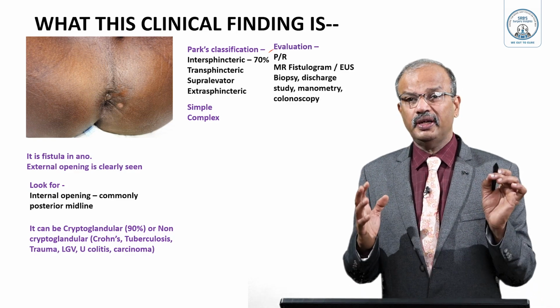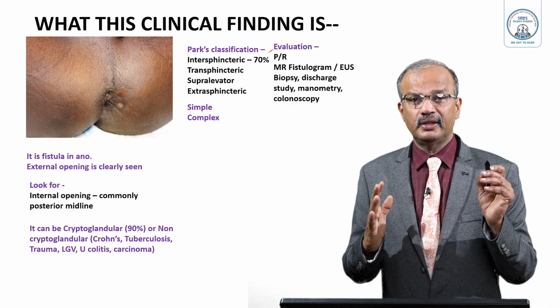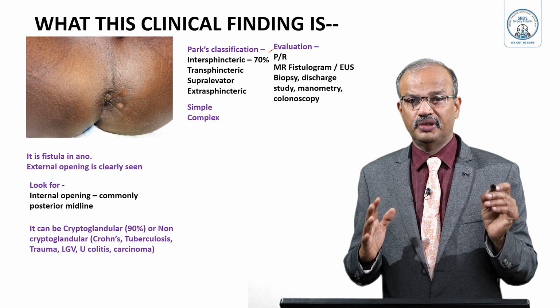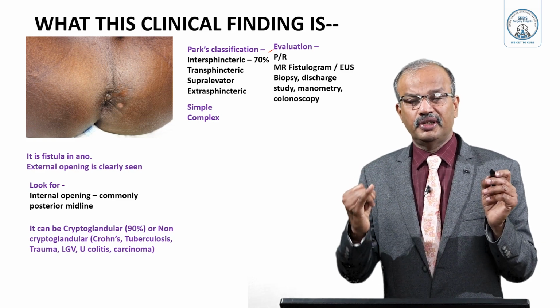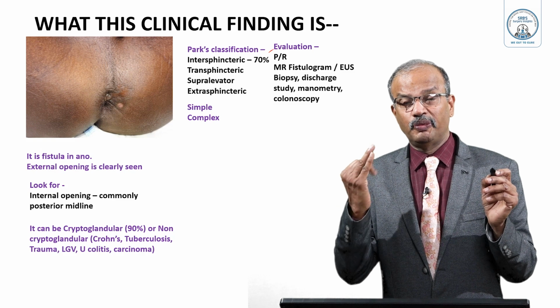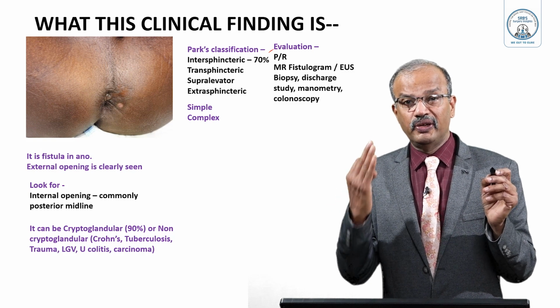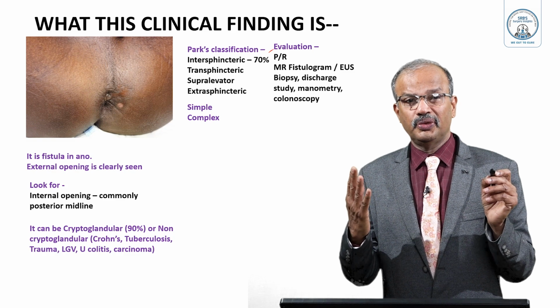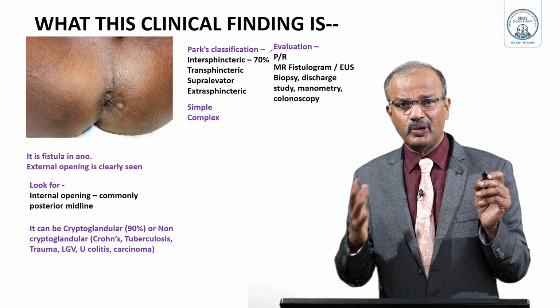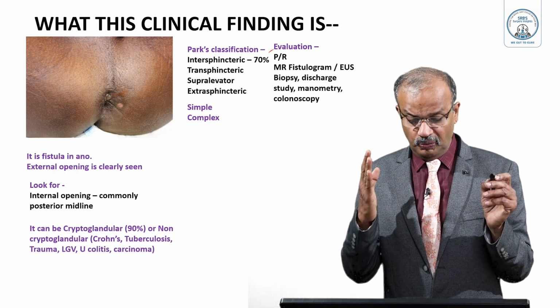So how do we evaluate? I said clinical, digital rectal examination. Most important. You look for the internal opening, assess the external opening, look for the sphincter tone, look for any induration, for infection or collection and so on. So this is the basic thing. You have to do rectal examination, often proctoscopy also.